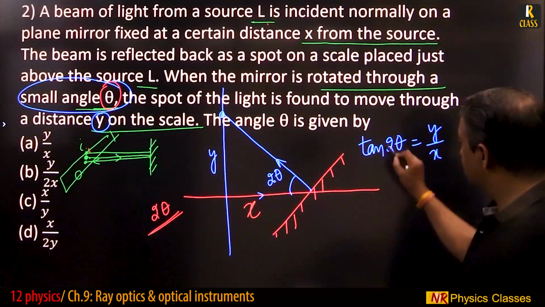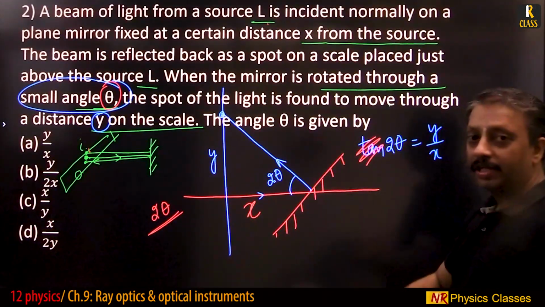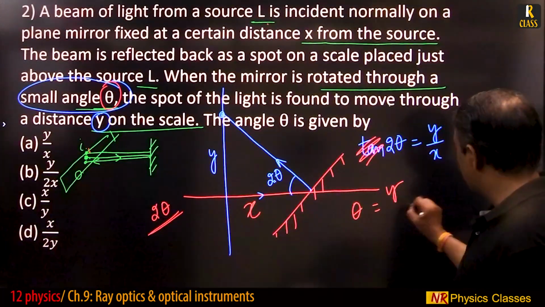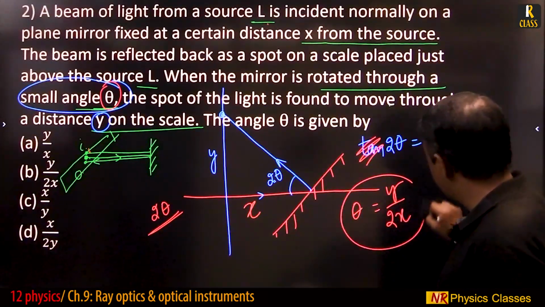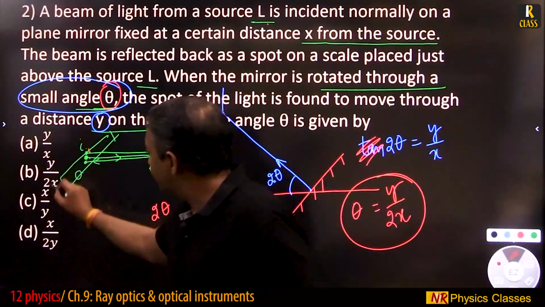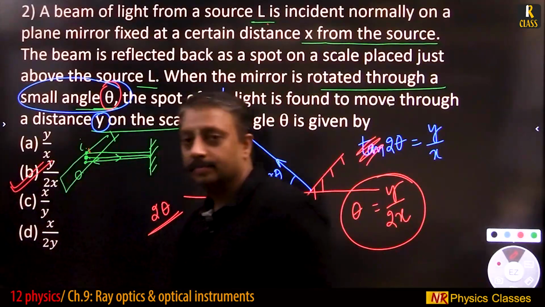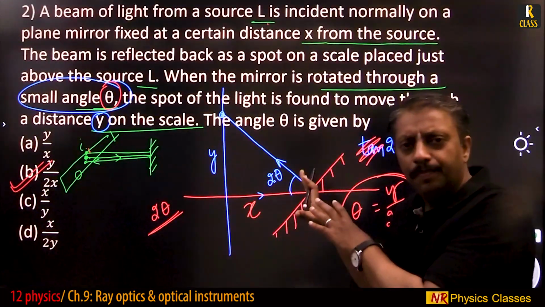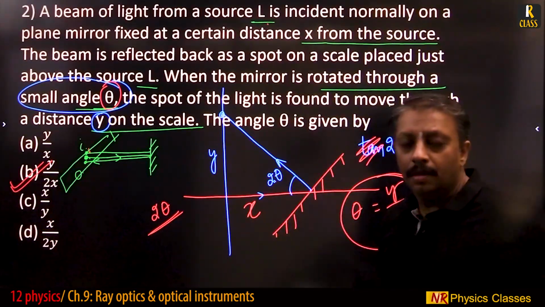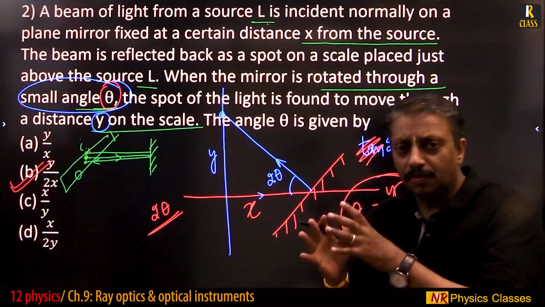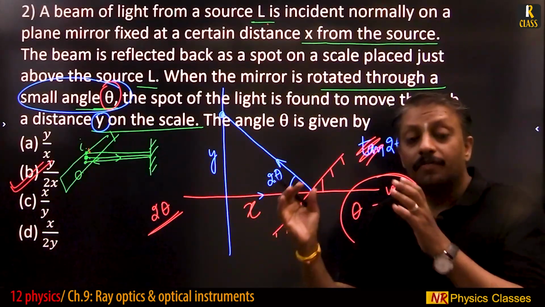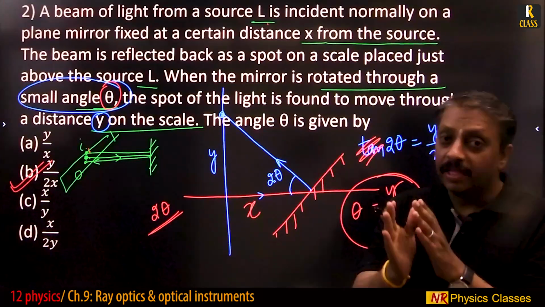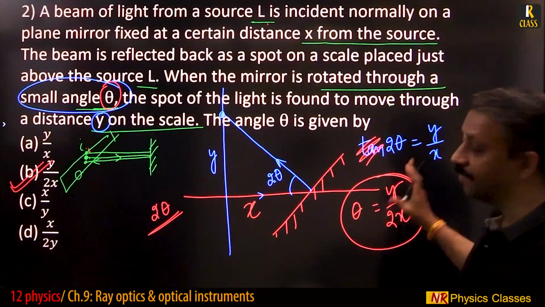For small angles, tan theta is approximately equal to theta. Therefore, bringing 2 to the other side, theta equals y by 2x. Not that it is a difficult question, but small concepts are involved. We have to understand and pick the concepts correctly one after the other. After that, we can get the final answer.